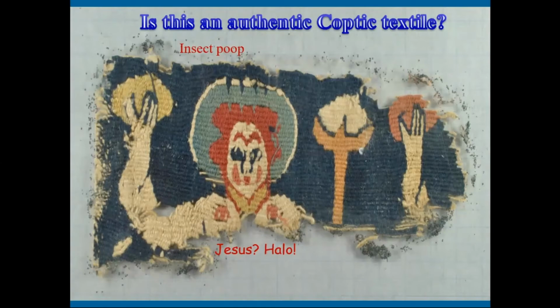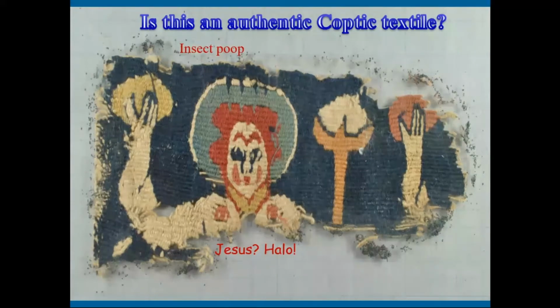In the photograph, you can see what supposedly is Jesus wearing a halo. In the Coptic situation, only Jesus wore halos. And it also shows some insect poop, the little dark dots that are around the edge of it.